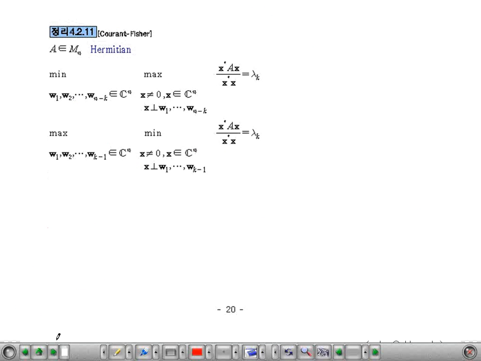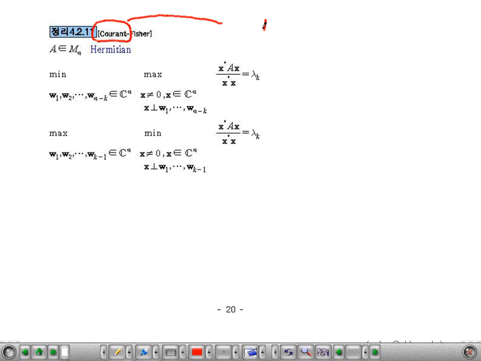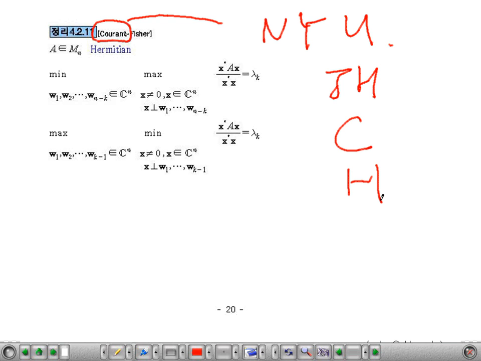Okay, anyway. Courant and Fischer found this theorem by using that argument. Courant is a very famous professor. He was the founding professor of the Courant Institute at New York University, which gave a good contribution to American mathematics in the early years, along with Johns Hopkins, Chicago, Harvard, Princeton, and many others.